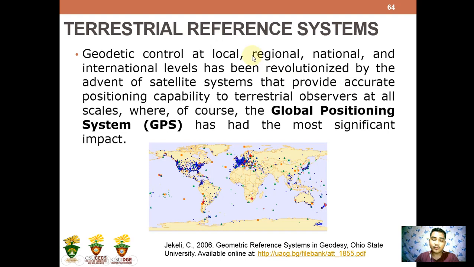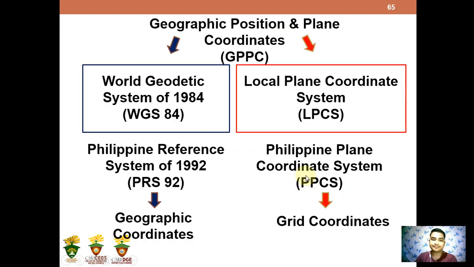Well, kaning regional level is kaning mga gipangtukod sa regional composite team no sa DNR no. And for national we have NAMRIA nga gipang-establish, and for international levels is katong mga control no for densification of the reference systems worldwide. And we are using Global Positioning System or the GPS had the most significant impact no in getting the accurate coordinates of the geodetic control.